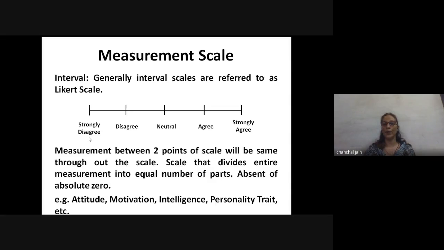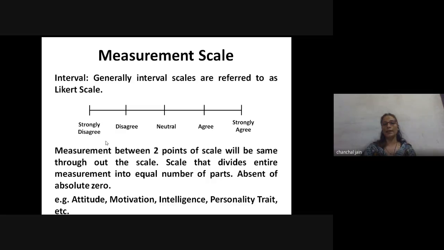This is the 5-point Likert scale. You can extend it to 7, 9 or 11 levels. It is up to you, whatever point you want to decide. Keep in mind it will be only an odd number. How much categorization or how much difference you keep between two categories is totally up to you.